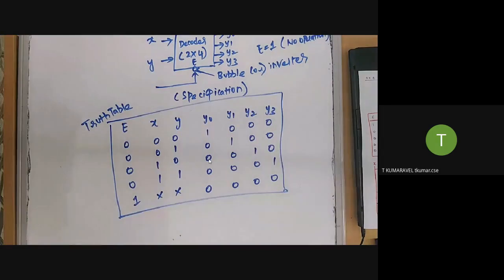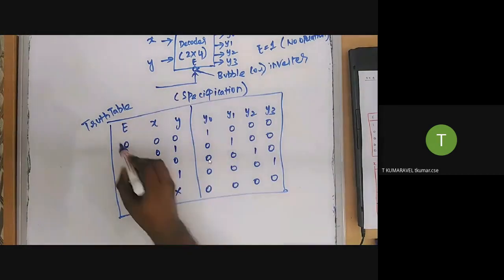So this is the truth table for the active low input. Now what is the next case? For that you want to draw the circuit diagram.